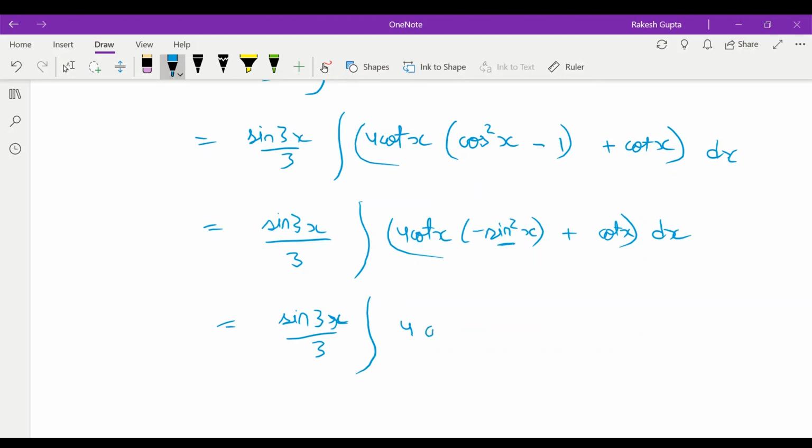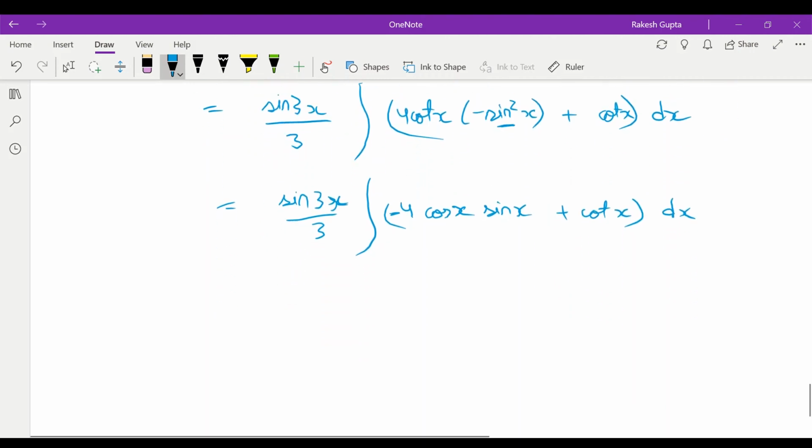So we have 4 cos x minus 4 cos x sin x plus cot x dx. We have another formula which I'm just going to write over here. It says sine 2x is equal to 2 sine x cos x.